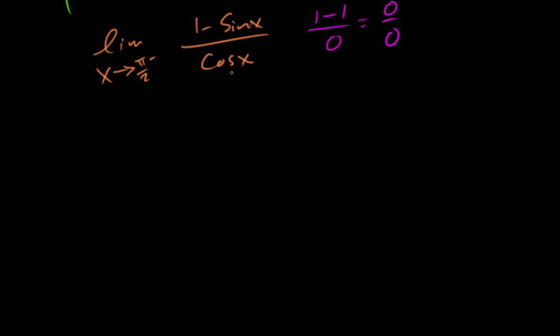1 just goes away. Negative sine, so sine just goes to cosine, so negative sine goes to negative cosine. And then cosine goes to negative sine. Okay, so those negatives are going to cancel.